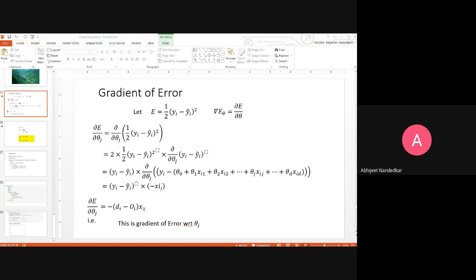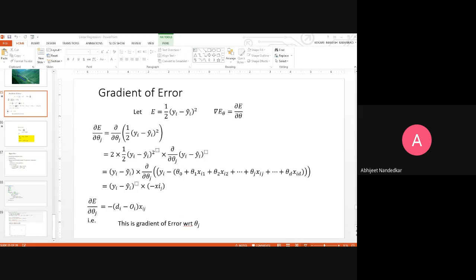We have seen how to directly find the values of beta 0 and beta 1 for the given problem to fit a straight line with minimum squared error.